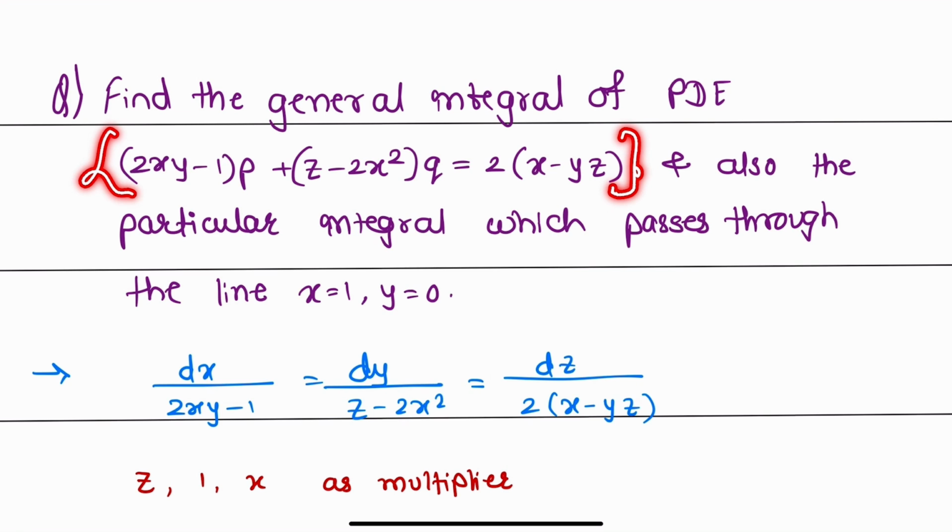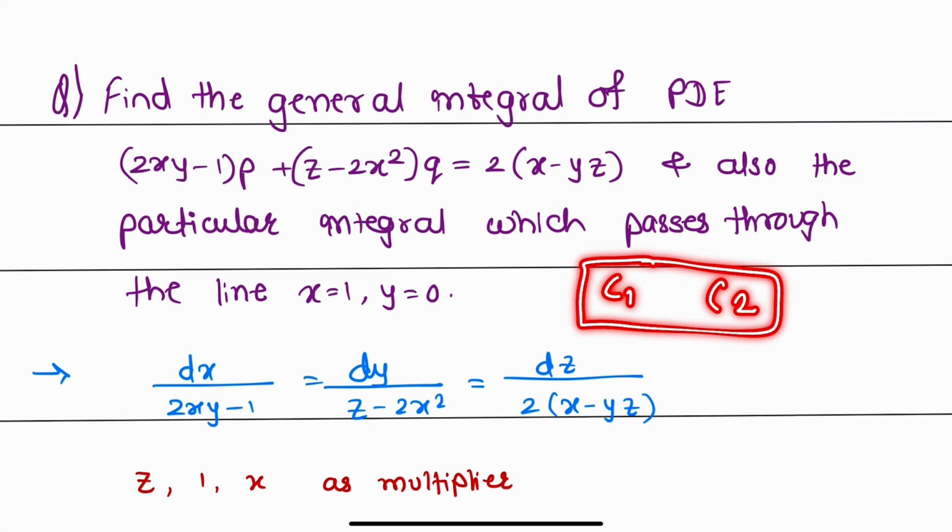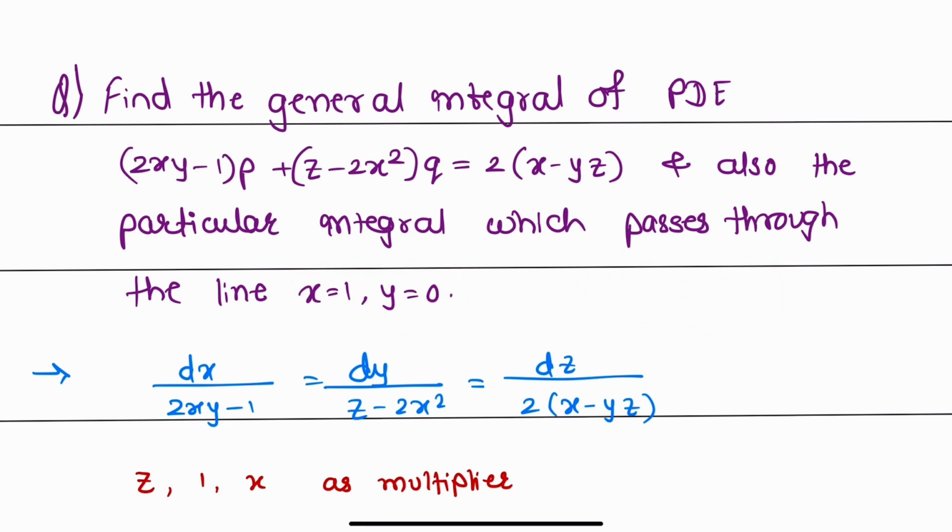And once we find that general solution, we will use this given condition to get the particular integral. So basically, we will be getting a solution in the form of C1 and C2, which are arbitrary constants. And we will use these given conditions to get a relation between C1 and C2 and eliminate these two. Okay, let us see how we will do it.